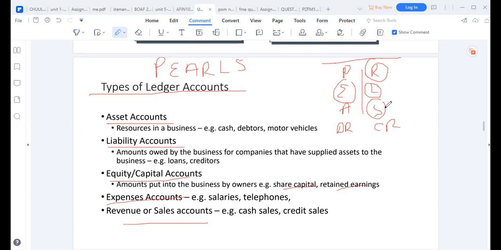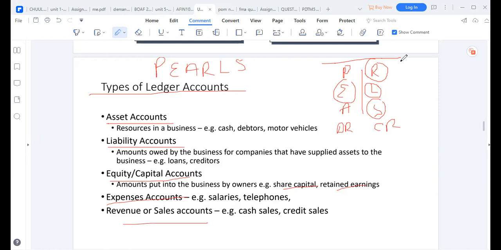Okay, so PAIRS is an acronym that helps you remember what you debit and what you credit. Most students tend to forget the concept of knowing whether to take a transaction, whether we're going to debit it or credit it.